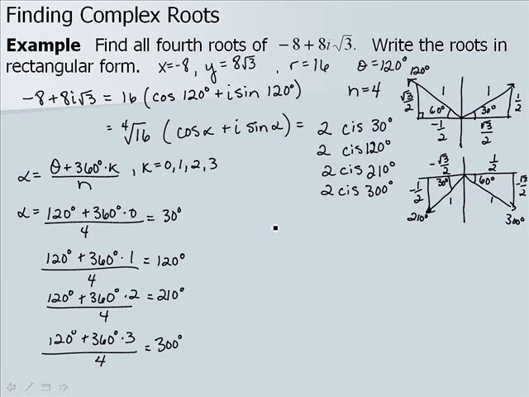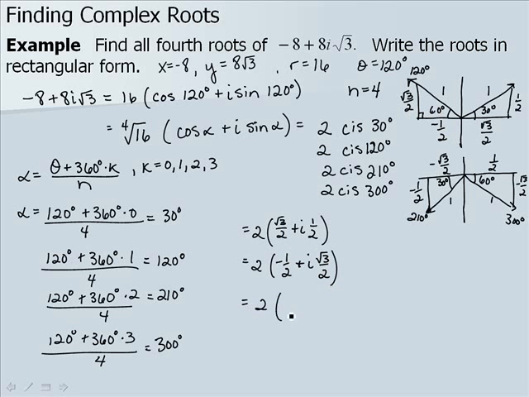So now notice that we'll end up with 2 times the cosine of 30 degrees, which is square root of 3 over 2, plus i sine of 30 degrees, which is 1/2. And then we'll have 2 times the cosine of 120, which is negative 1/2, plus i times the sine, which would be square root of 3 over 2.